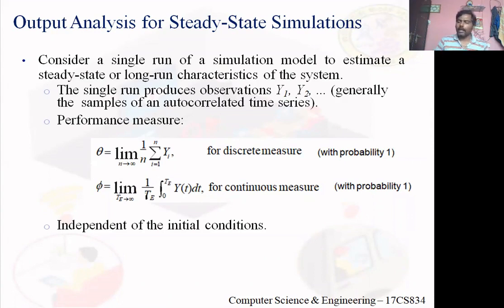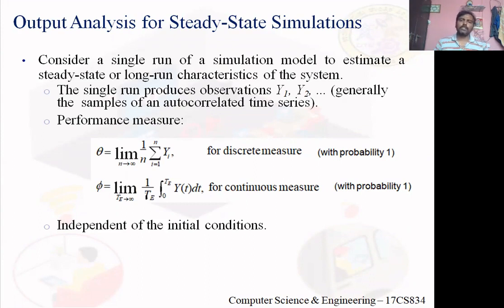Then from that particular point of time t0 towards the end time t, we are observing the performance parameters we require. Clear? So let y1, y2, up to yn be those performance parameters, the output measurements we got from the non-terminating simulation from time t0 to t.